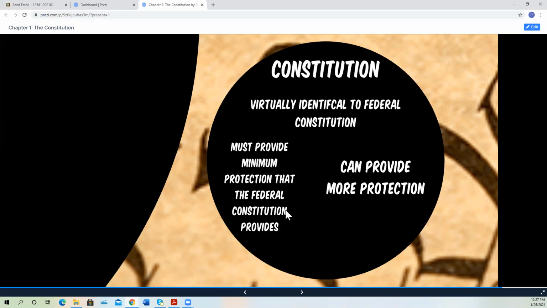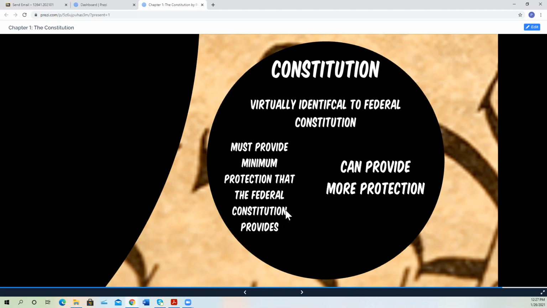They're identical. The US Supreme Court interprets the Fourth Amendment. They may interpret an issue under the federal constitution. The state may interpret that same exact issue under their constitution and come up with a different result than the federal court. That result is only valid if what the state determines gives the people more protection than what the federal constitution gives them.